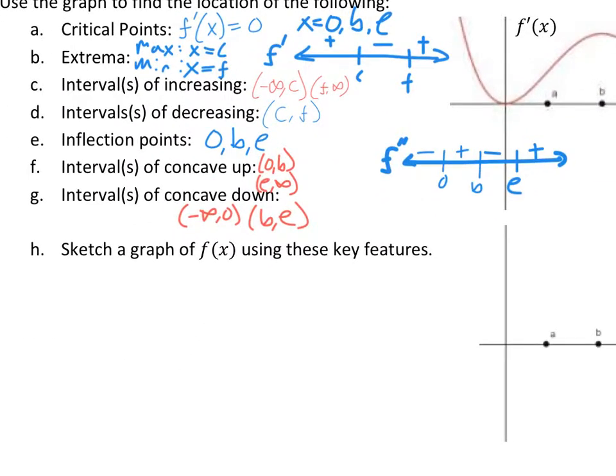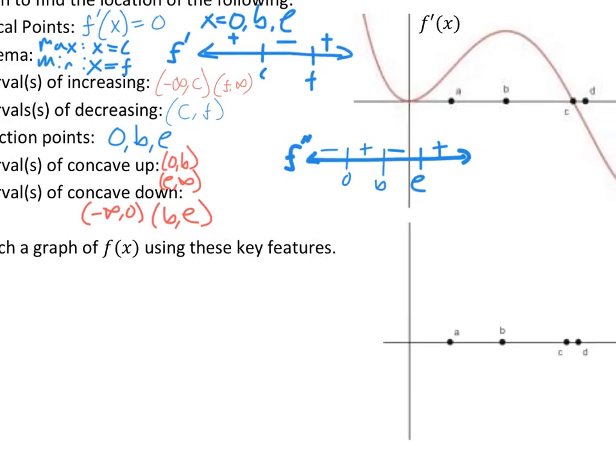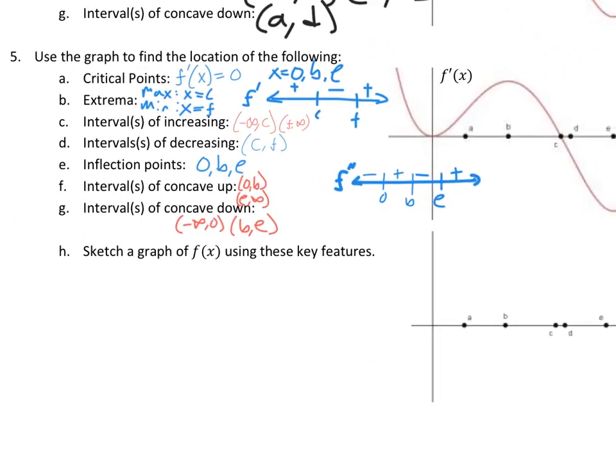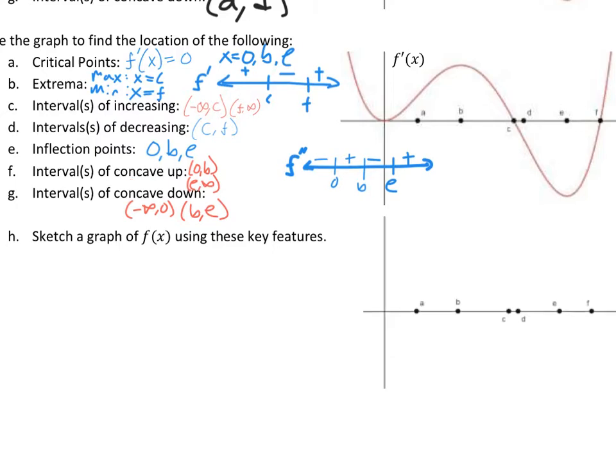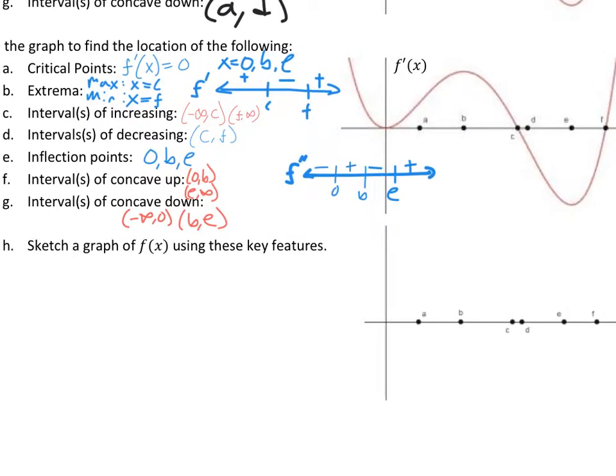So next, last but not least, let's sketch a graph using these derivative features, okay? So we know we have a max at C, somewhere at C we'll have a max. We have a minimum at F. We don't know exactly where, but we just know it's a minimum.